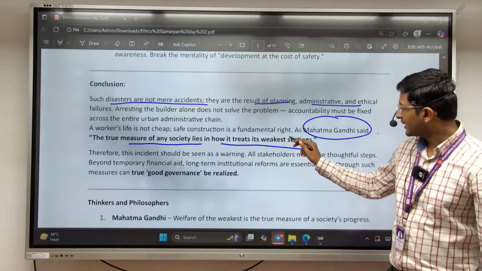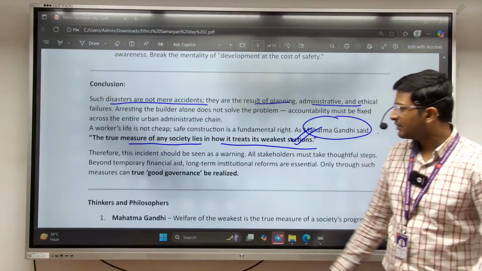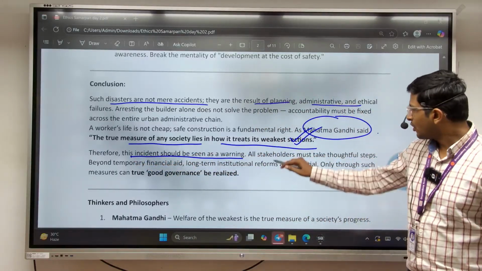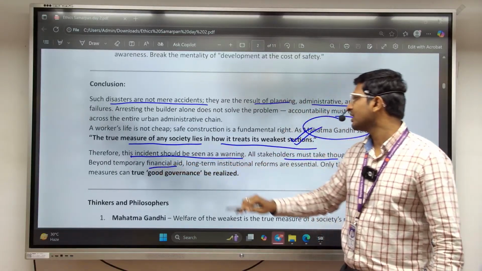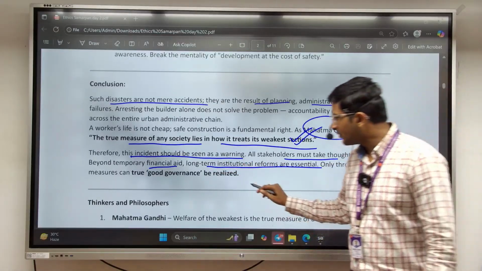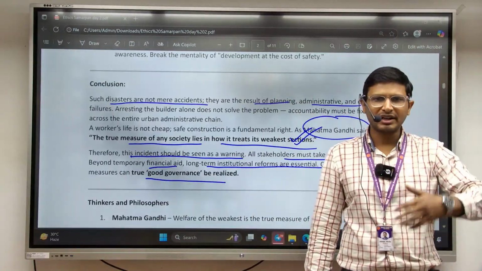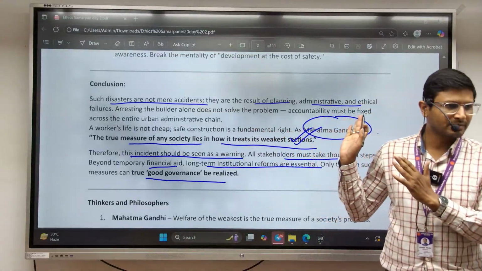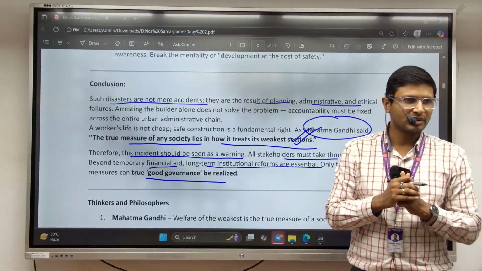Okay, so that is why we have written the Mahatma Gandhi quote also. And at the end we have written this incident should be seen as a warning. All stakeholders must take thoughtful steps. Beyond temporary financial aid, long-term institutional reforms are very, very essential. That is how we can ensure good governance. Conclusion is just like you are summarizing all these things, but we have added one thinker and a quote, Mahatma Gandhi and a quote, which enriched our overall case study conclusion.